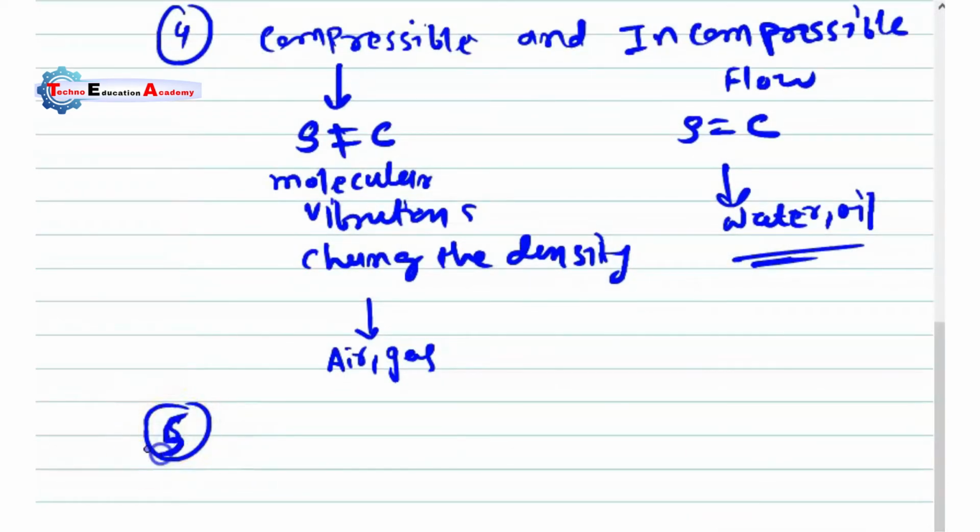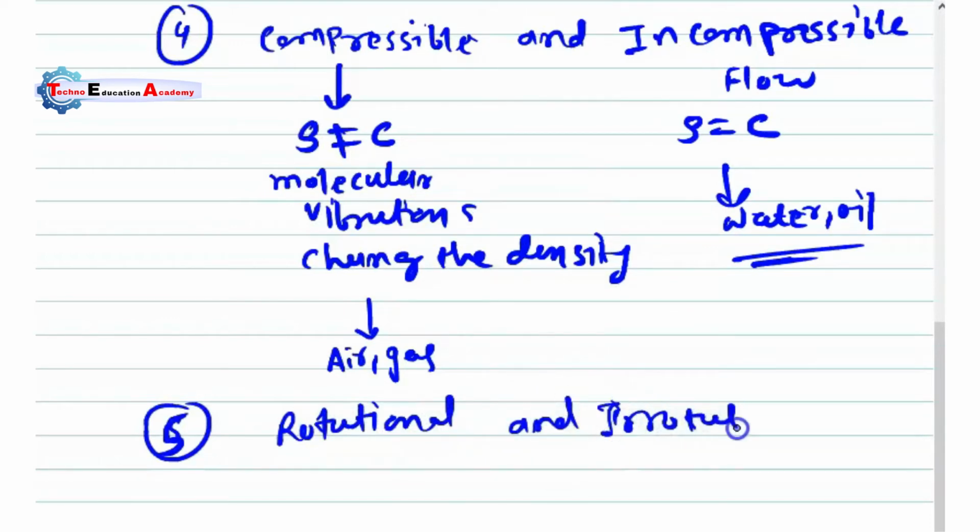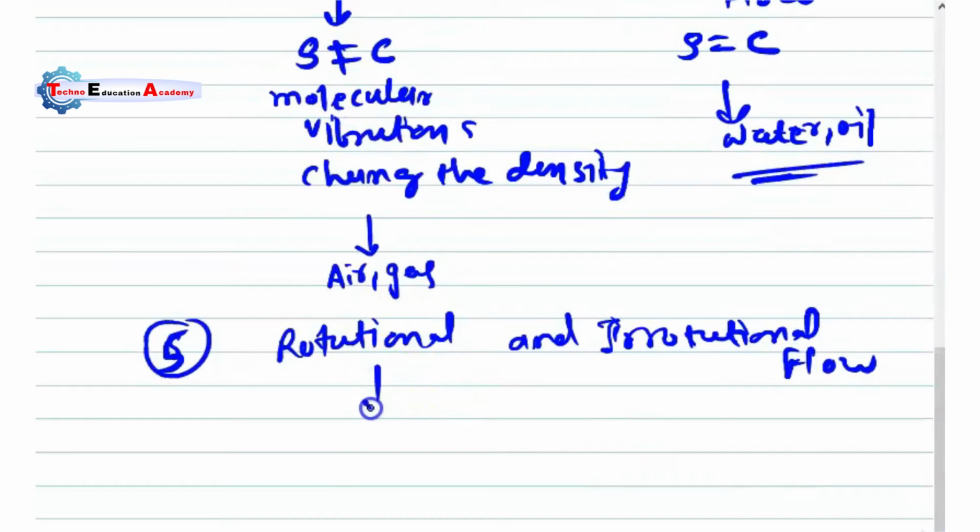Fifth, rotational and irrotational flow. Rotational means there is rotation about its own axis and also revolution about the center point.